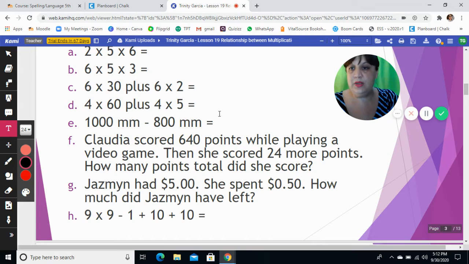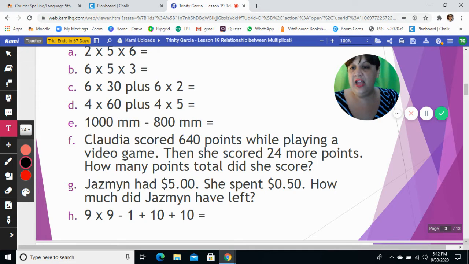For E, you should have got 200 millimeters. Remember to put the mm at the end to signify that it's millimeters, so that if someone was reading your answer but hadn't read the problem, they would still know that you were talking about millimeters, okay?